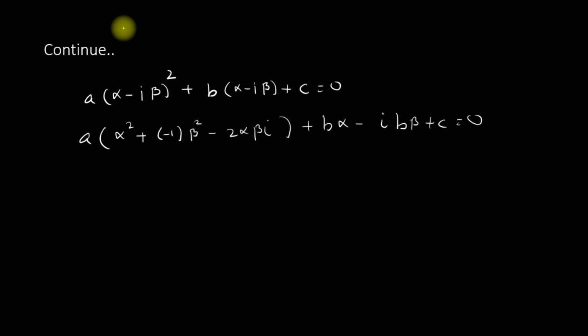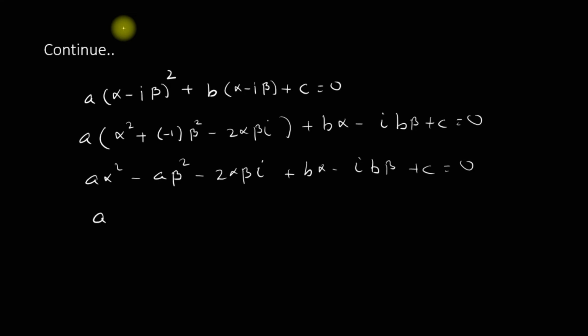So we can write this as a alpha square minus a beta square, minus 2a alpha beta i, plus b alpha minus i b beta plus c, equal to 0.